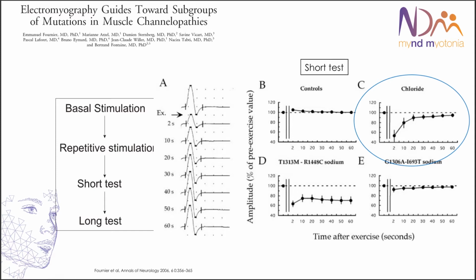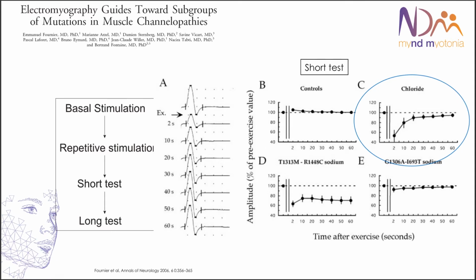So in the short test, what we will see in controls is that there are no significant changes in the amplitude of the motor action potential. That is what I am showing here as B. In chloride channelopathies, we are going to see a decrease just after the exercise that can be variable, but is significant.